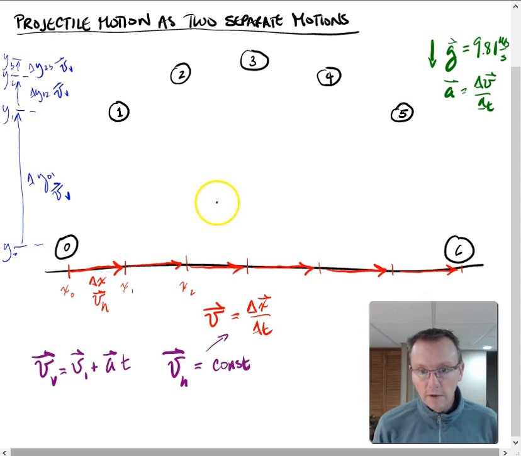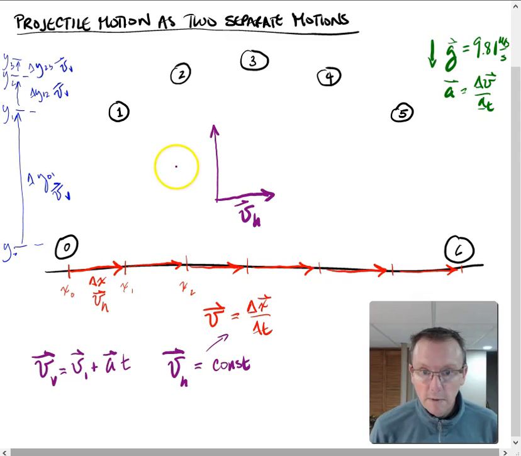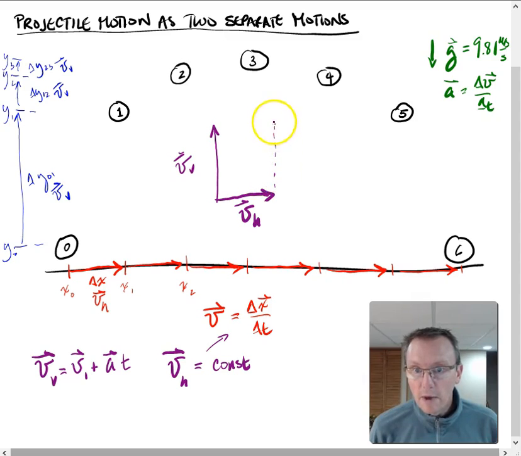So if I take the horizontal vector, v sub h, which you got from here, and the vertical velocity vector, which you got from here, you can use the parallelogram method or any method that you like to add those vectors, and you can figure out what the actual velocity of the object is.